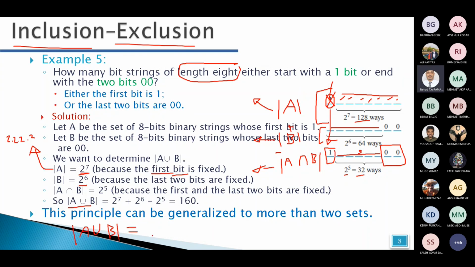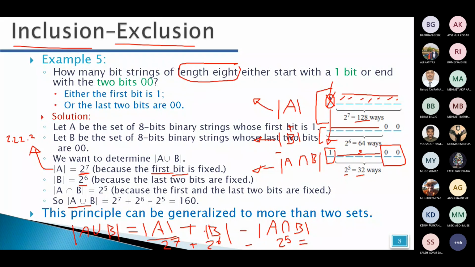It's A ways plus B ways minus the intersection, which is A intersect B. This one we already calculated as 2 power 7, plus this one 2 power 6, minus this one 2 power 5.